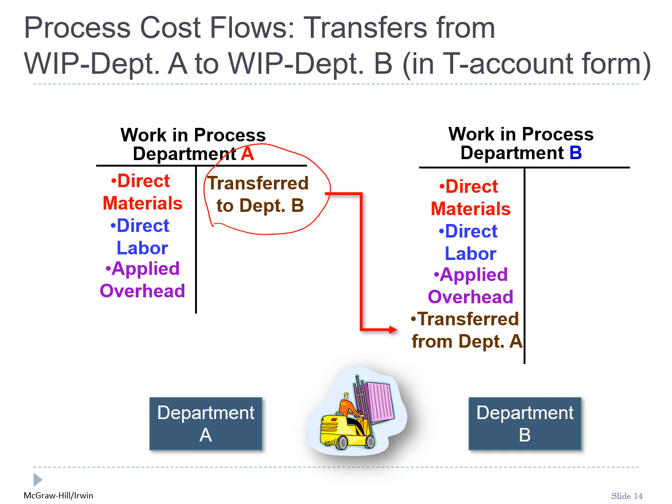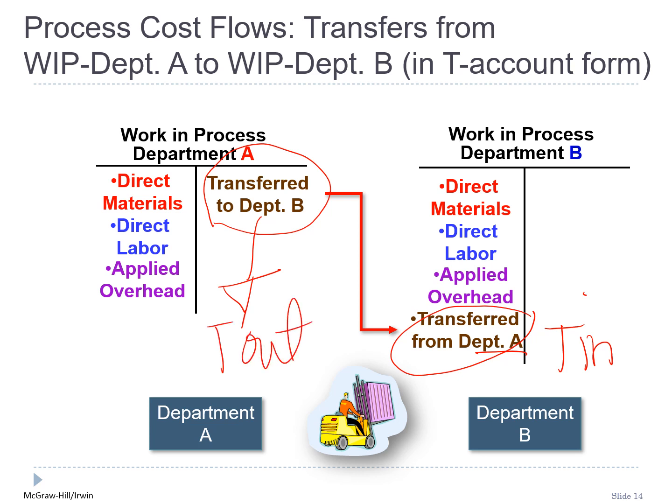Itong transferred in from department A, ang tawag dito is transferred in kasi pumasok sa department B. So, this one naman is transferred out kasi lumabas naman siya sa department A. So, ang cost ng inventory mo will be the sum of direct materials, direct labor, overhead, plus yung transferred in cost ang tawag. Yung dinebit sa WIP na transferred in, that's transferred in cost.